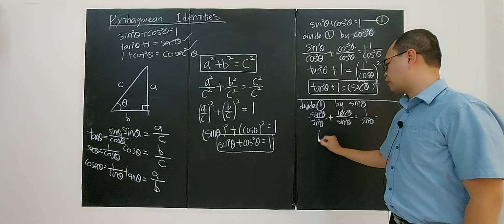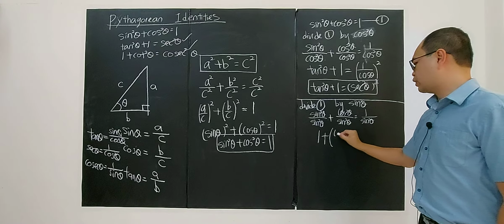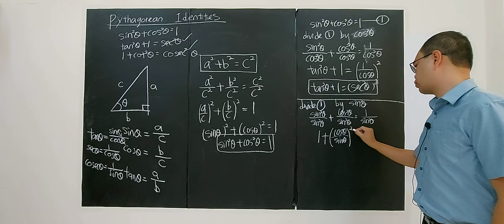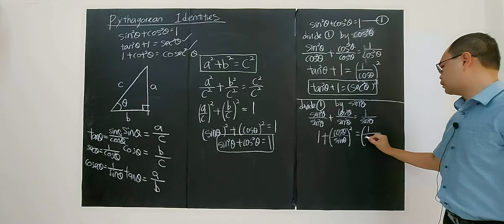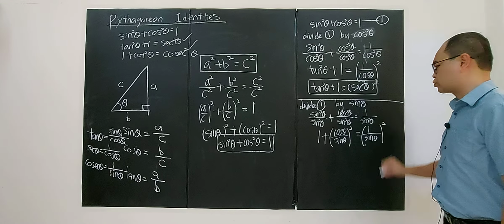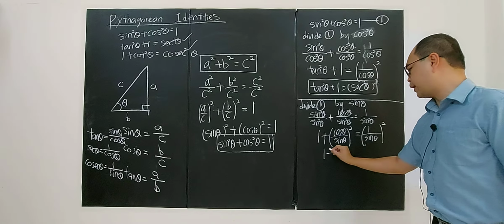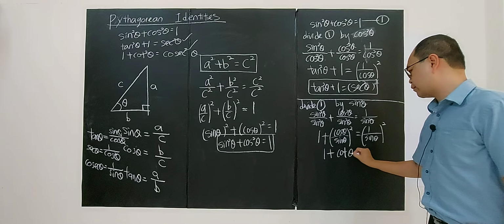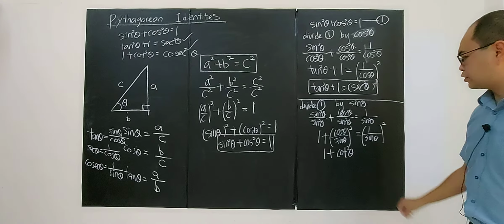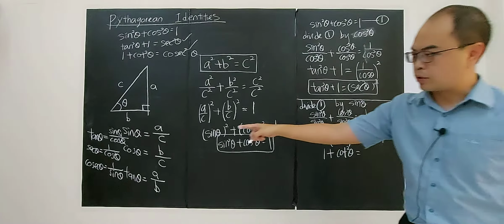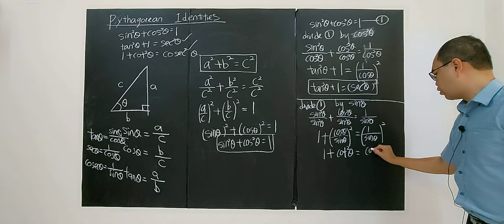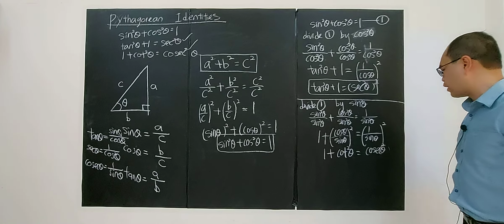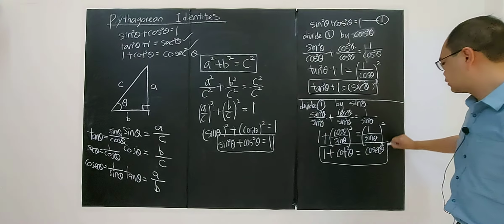So sine square theta over sine square theta plus cos square theta over sine square theta equals 1 divided by sine square theta. Sine square over sine square gives 1. Cos over sine is defined as cotangent theta, so squared you have cotangent square. And 1 over sine is cosecant, so squared it is cosecant square theta. There comes the third one.